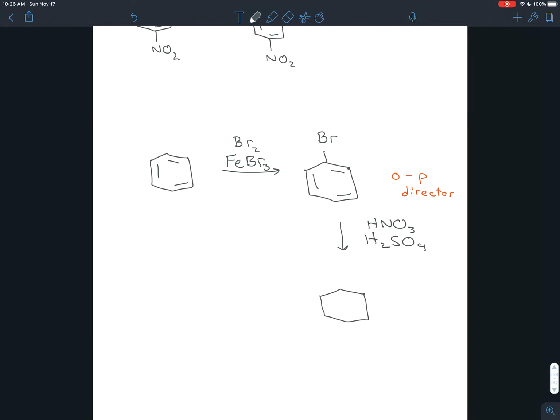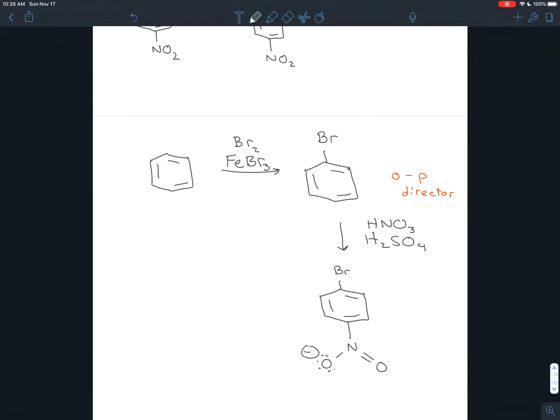And remember, the nitro group is pretty bulky. Now, technically, we will get some ortho product, but the vast majority of our product is going to be the para product. And the reason for that is because the nitro group is big. I'm drawing it out here so you can see that. And also the bromine is really big. Bromine is a good leaving group because it's such a big atom.